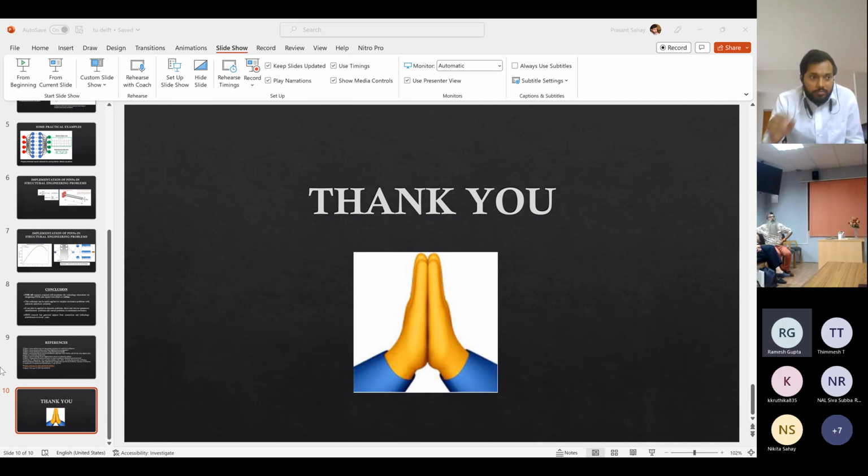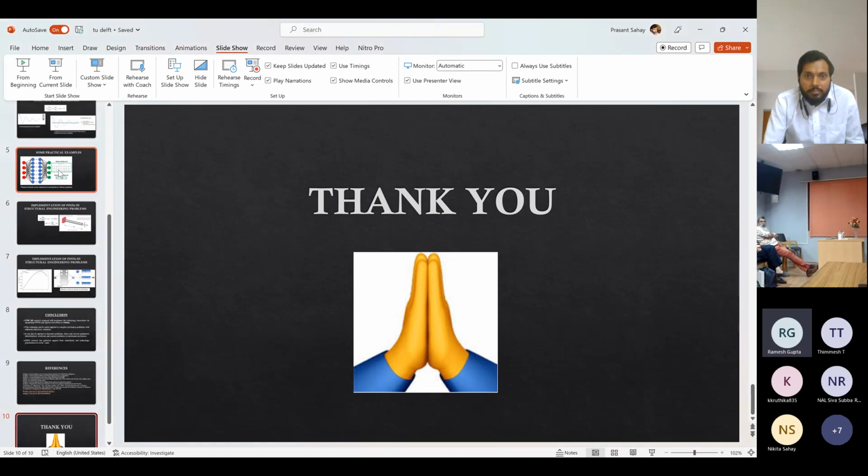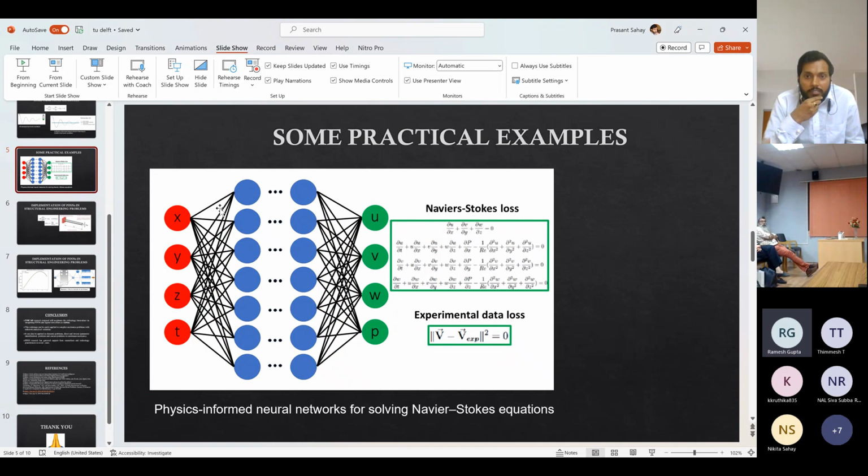Prashant, I am just curious to know, when you go to slide number 5, you show some X, Y, Z on the left hand side and U, V, W on the right hand side. What is your input and what is your output? If I understood, the blue dots represent hidden layers.